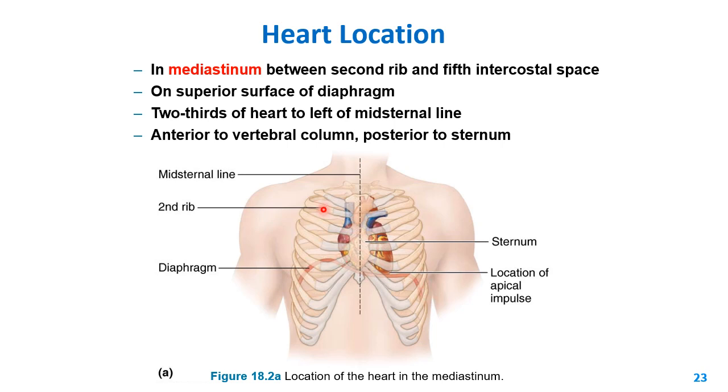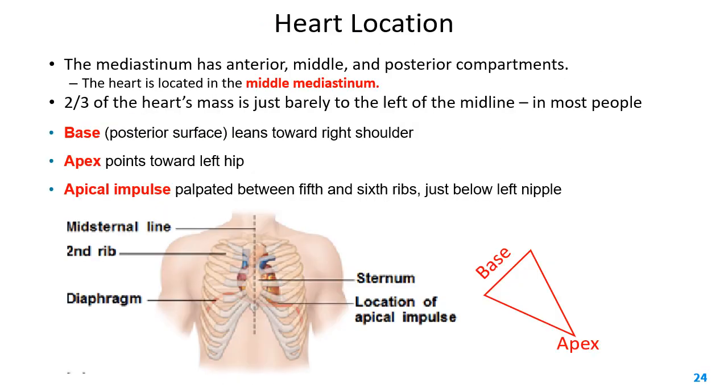And it is between your second rib and your fifth rib, if I remember correctly. I think it should be the fifth rib. Yeah, so here we go 2, 3, 4, 5, right around there. So that is the location of your heart.